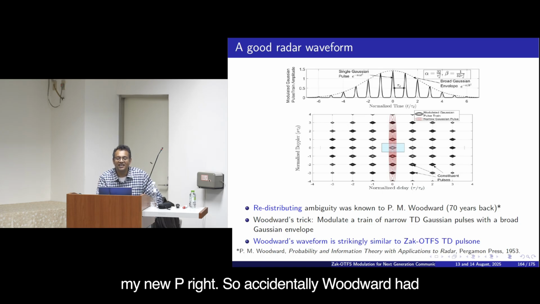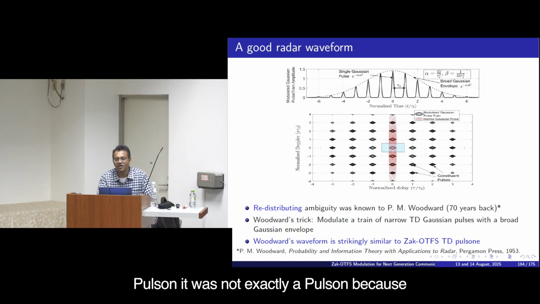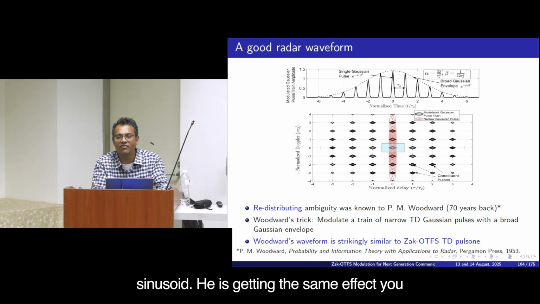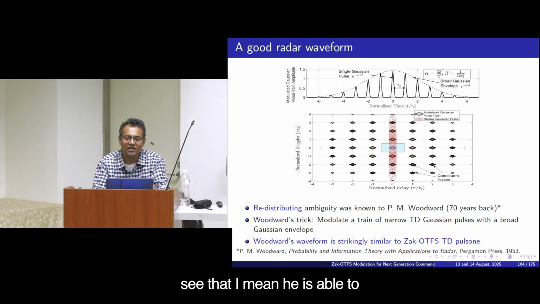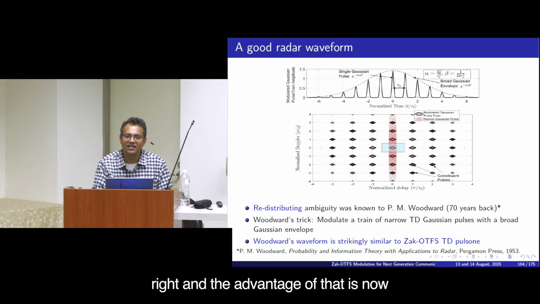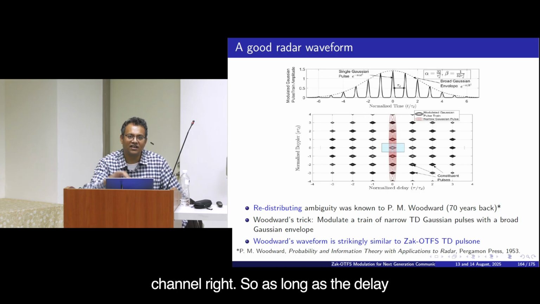So, accidentally Woodward had an ad hoc construction of something like a pulson, it was not exactly a pulson because this is a Gaussian, it is not a sinusoid. He is getting the same effect, you see that. He is able to move the total ambiguity onto a lattice, right, and the advantage of that is, now if I have a channel, so now this is the auto ambiguity, it goes through a channel, right.